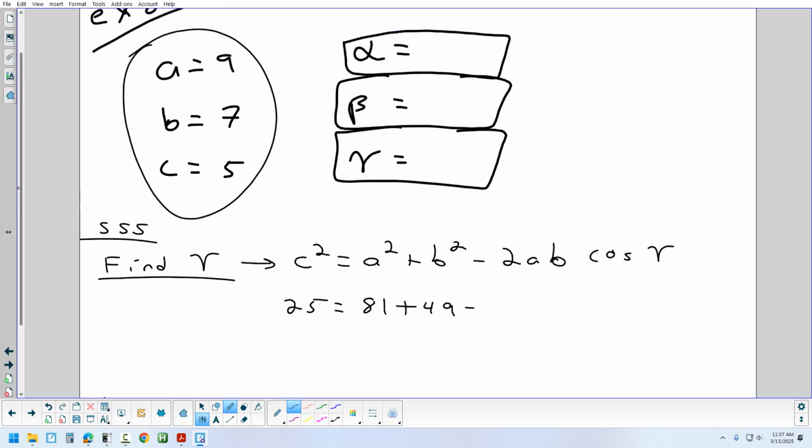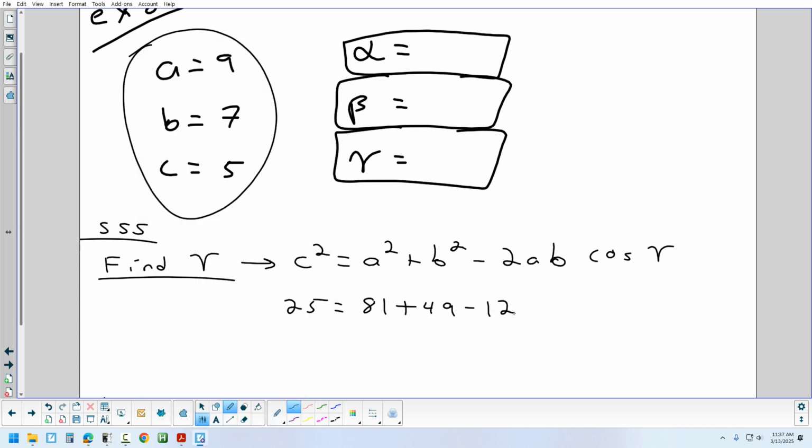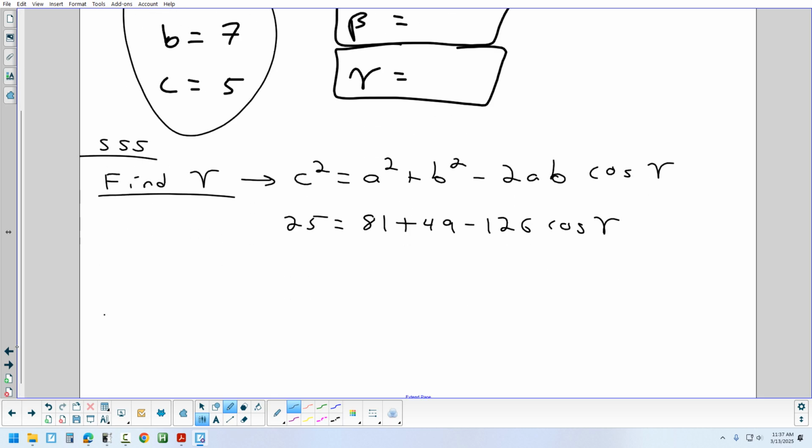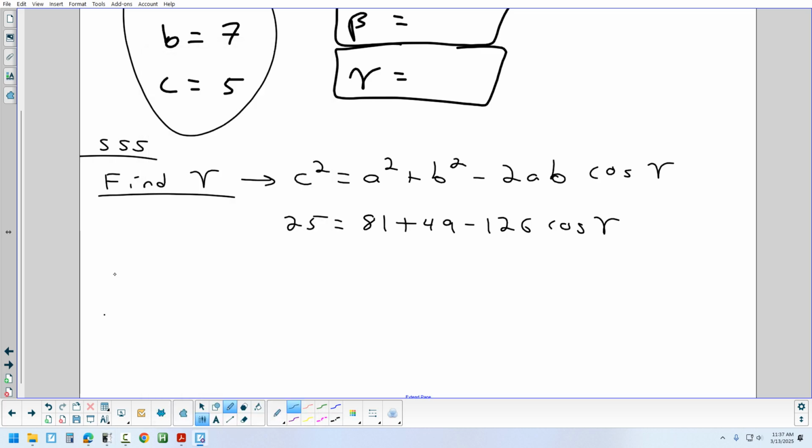Well, 2 times a is 18. 18 times 7, 126. Okay. All right, what would be the next thing we do on the right-hand side? Combine like terms. So we have 81 and 49. That gives you 130.